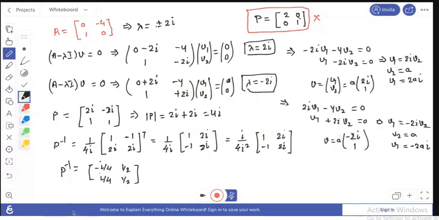This is your first column of the fundamental matrix. And the second is 0 times e to the power 2x, this is the second eigenvalue, and here 1 times e to the power 2x. So this is your fundamental matrix, and after solving it equals e to the power x sine x, 0, 0, e to the power 2x. This is your fundamental matrix.